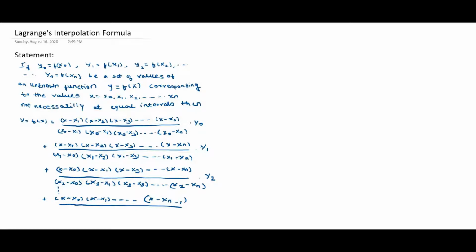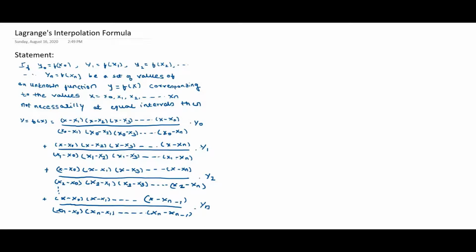So xn is absent means the denominator starts with xn only, that is xn minus x0. Next xn minus x1. Similarly xn minus x2, xn minus x3 and so on up to xn minus xn minus 1, and outside you can write it as yn.